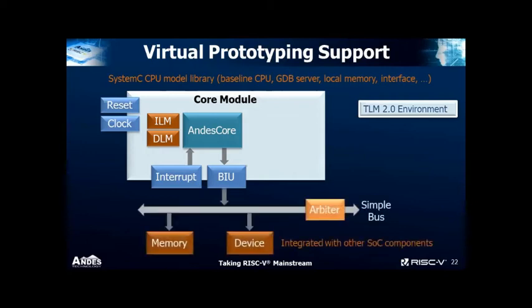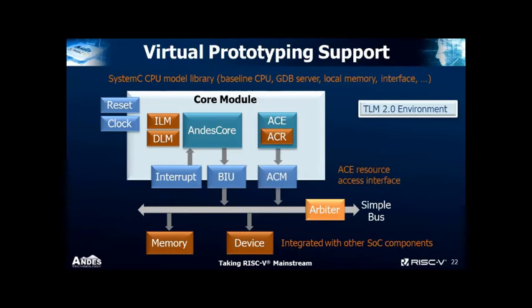And this module can also integrate with other SoC components. Our tool can integrate the ACE into our system module library. And let's say if designer have ACN that need connect to some access interface, ACE will also have this interface in library.